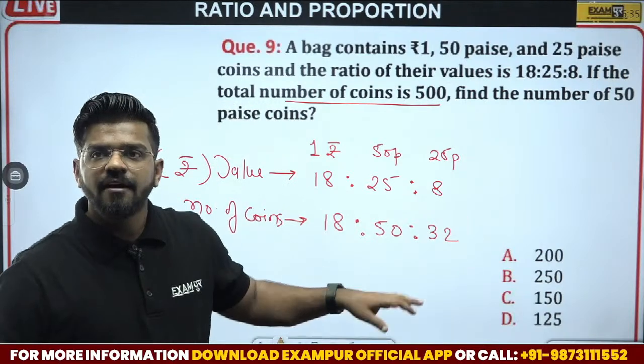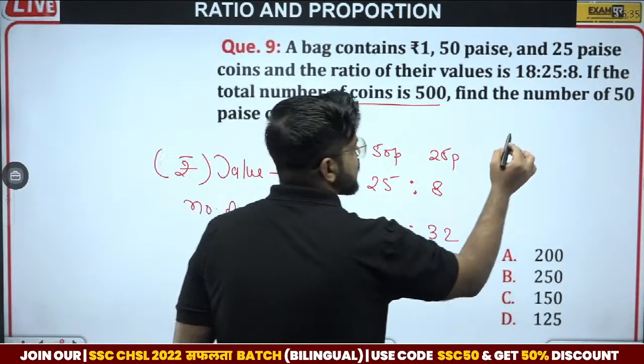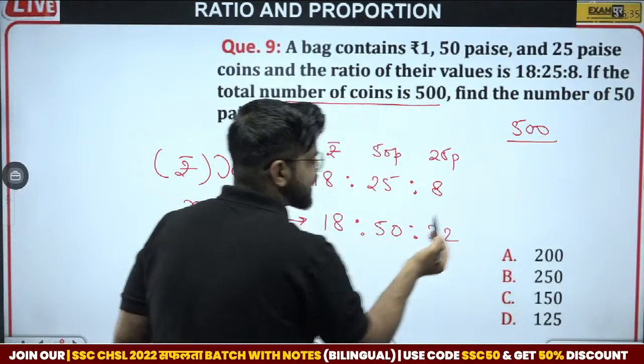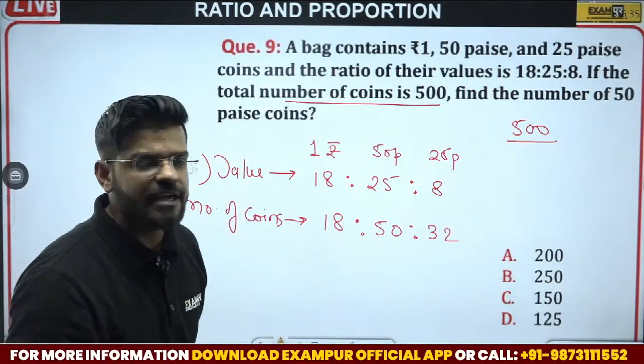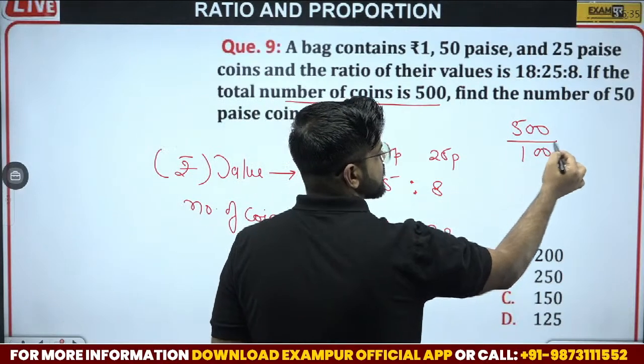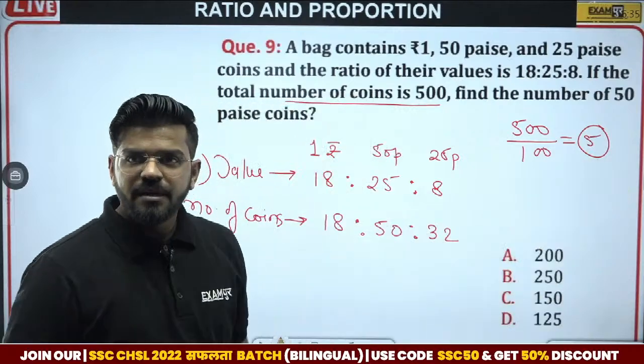So we have the ratio of the coins and the total number of coins, 500. Divided by the total, 32 plus 18 plus 50 is 100, we get the multiplying factor, right?